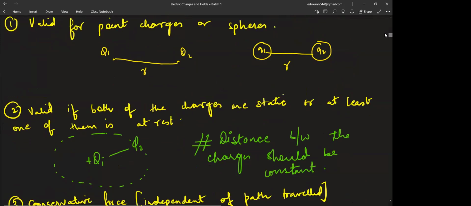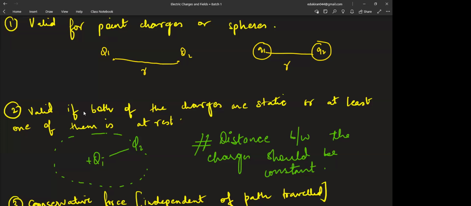Second is that the distance between the charges should remain constant. Distance remaining constant means we should have either of the charges fixed. This is the number of charges we can have, that is 2, because it is valid for only 2 charges. There is just one case in which one charge can move, which is the charge moving in a circle.